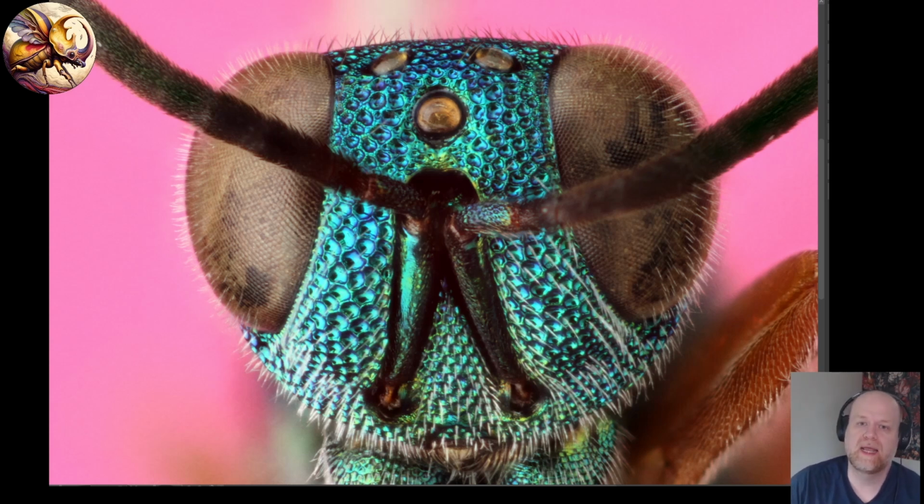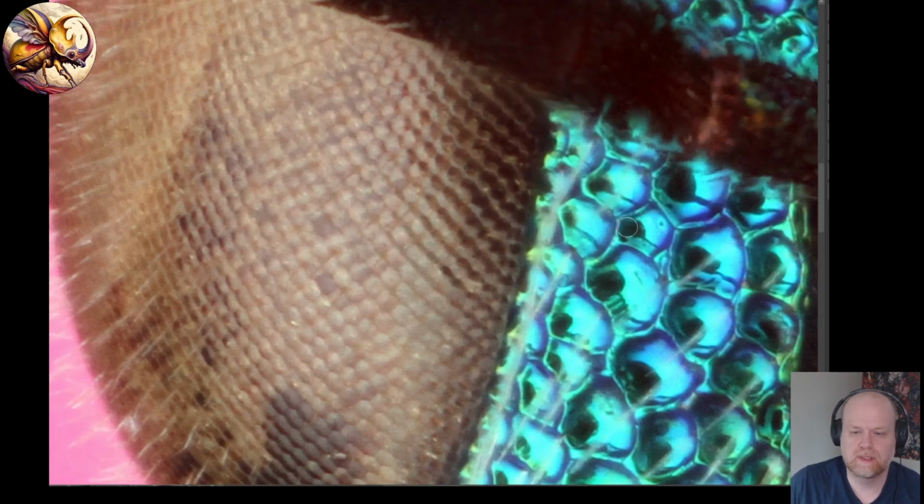On an adult insect, you have their compound eyes, and this is what people are most familiar with. These are the bug eyes, as it were, and these are made up of multiple lenses. If you zoom in here, you can see that there are lots and lots of individual lenses. Each of these lenses is called an ommatidium.